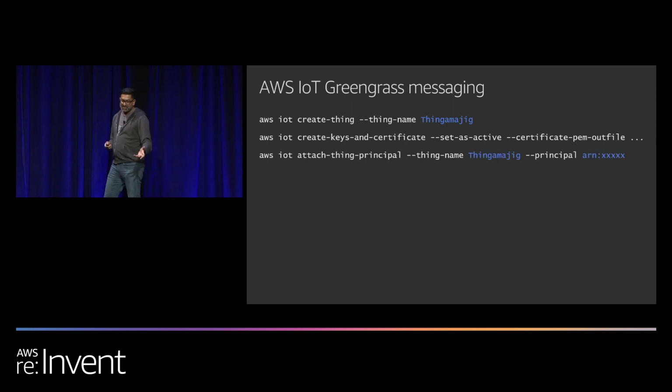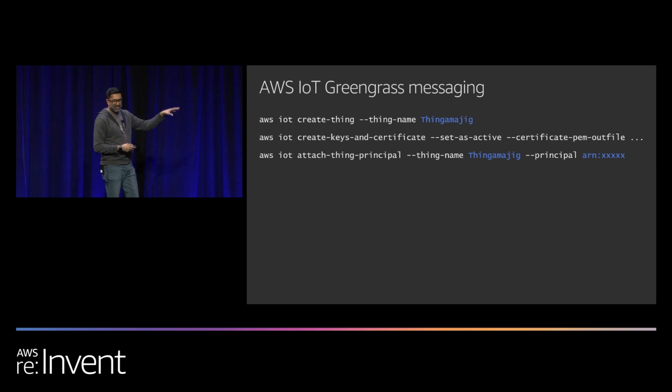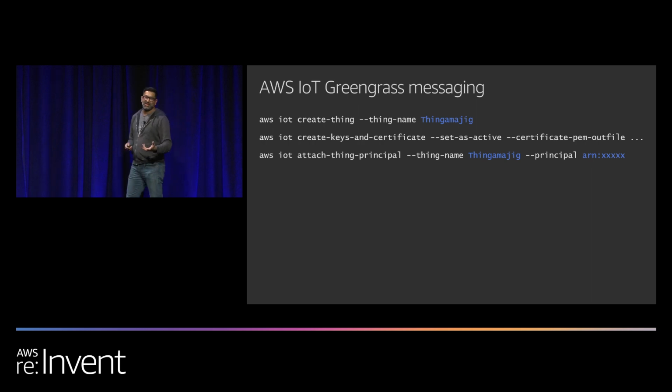Once we've created the certificates, we can attach them to the thing. You can see we've referenced the thing that we created, thingamajig. We've even got the principal that we created just before, and the ARN, or Amazon Resource Name, which is the unique identifier. Think of it as a UUID, or unique ID.